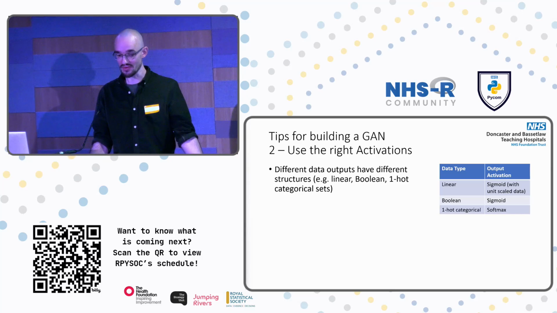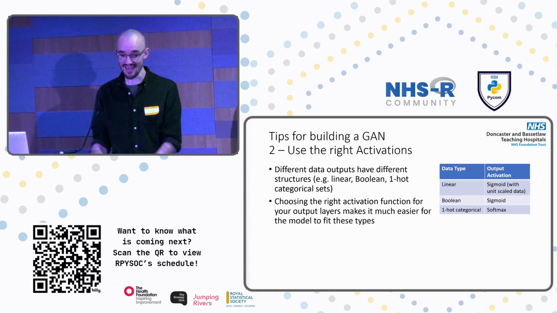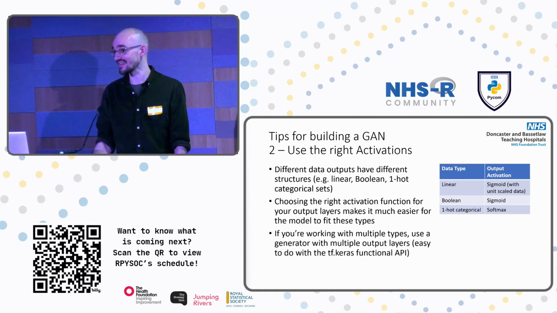These need different activation functions in their output layers, and the important tip is you can put different activation functions on different parts of your output layer if you have multiple output layers, which again is really easy to do with the functional API in Keras.